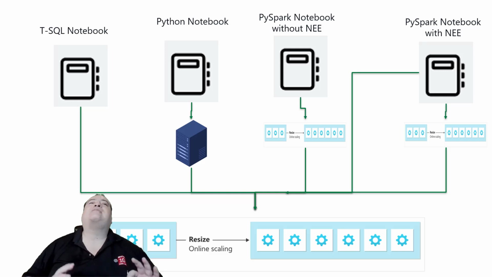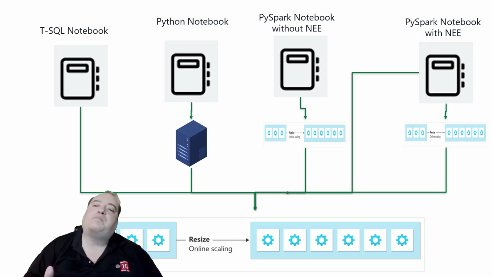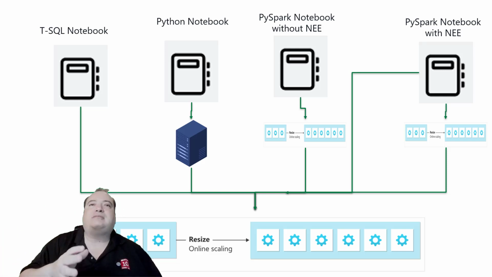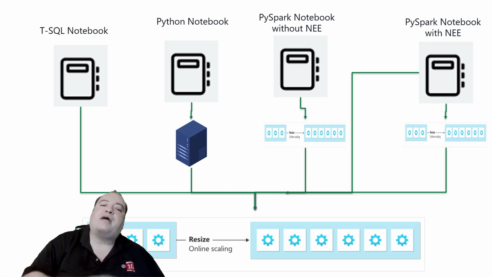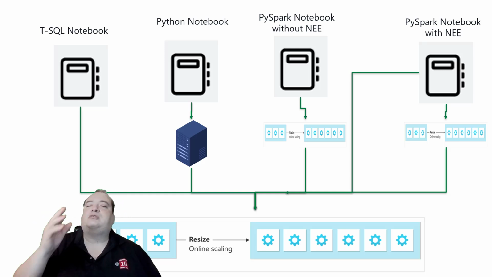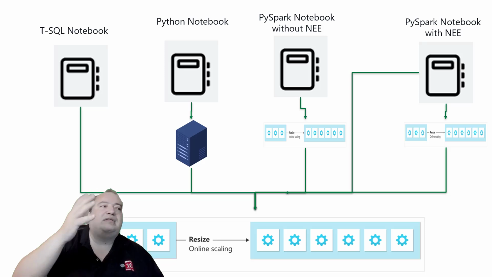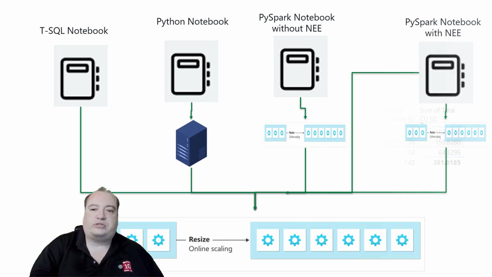But when executing the query to the data source, the PySpark notebook bypasses the cluster, going directly to the data on OneLake using the native execution engine. In this case, we save money. We are saving money according to the least resources we use.